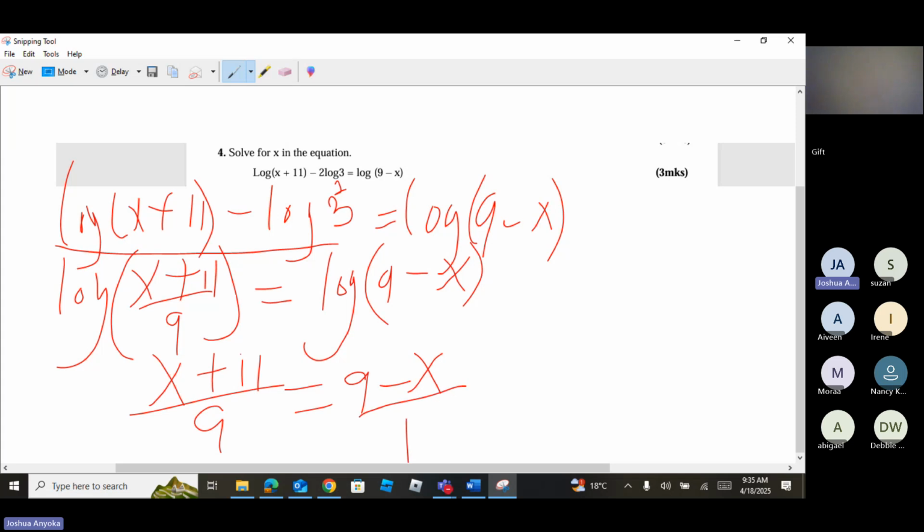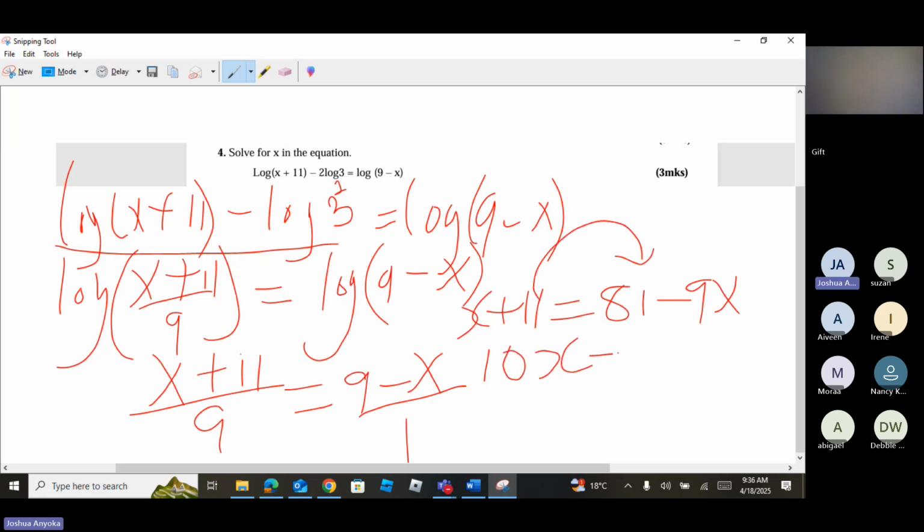These are two terms, one on either side of the equal sign, so we can cross multiply. So x plus 11 is equal to 81 minus 9x. This one to this side becomes 10x, and 11 to the other side.